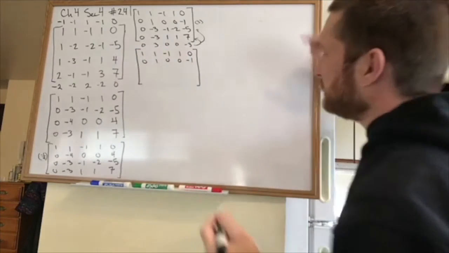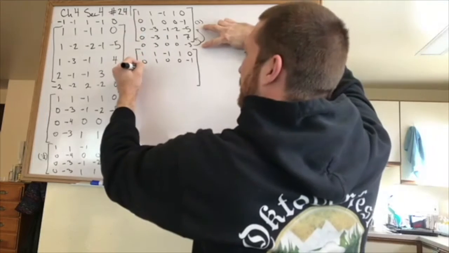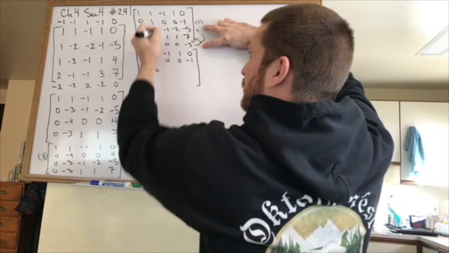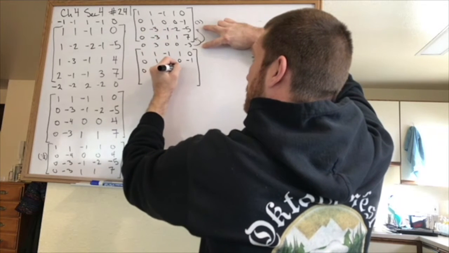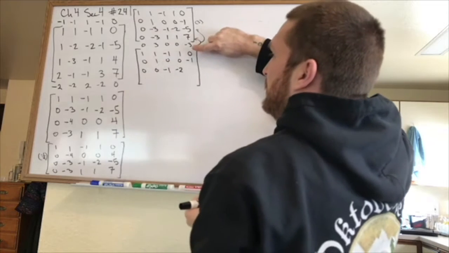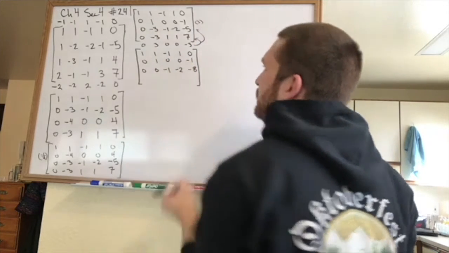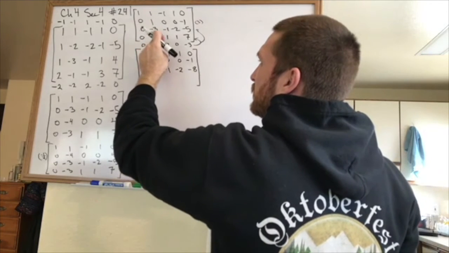Now, add that to that row, and we get a 0, a 0, a 0 plus negative 1 is a negative 1, 0 plus negative 2 is negative 2, negative 3, negative 5 make a negative 8. Okay, now let's do it to this row right here.